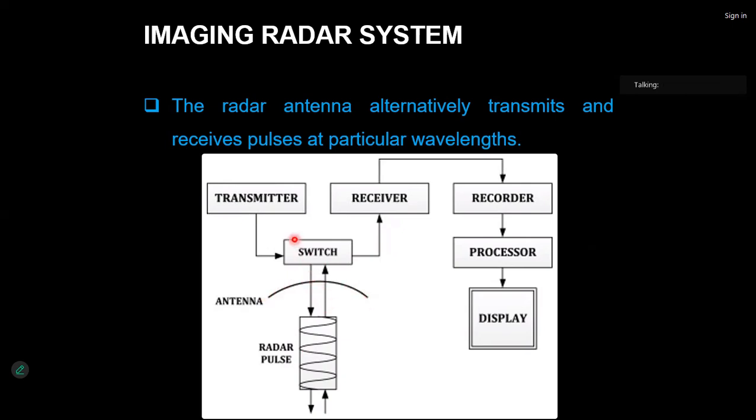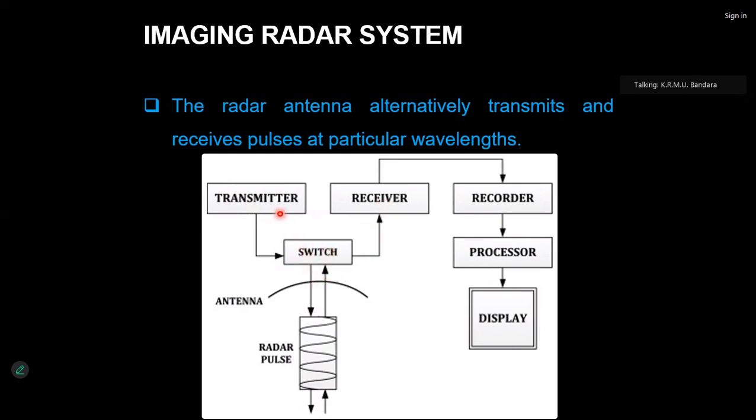The transmitter generates the microwave, I will explain that later, and sends it into the antenna. When the switch is on, it sends into the antenna and to the ground. At that time, there is no receiving.